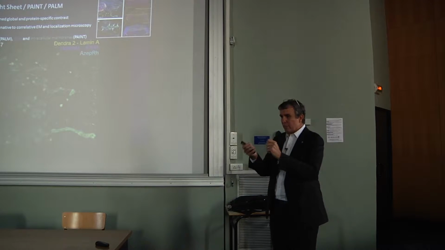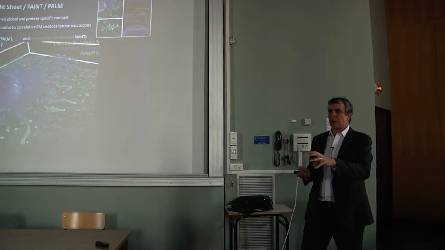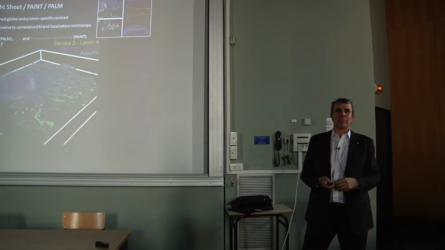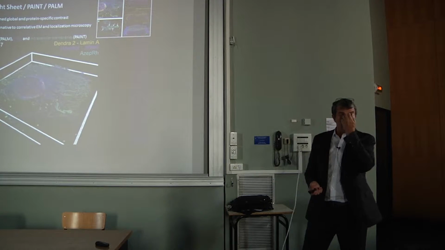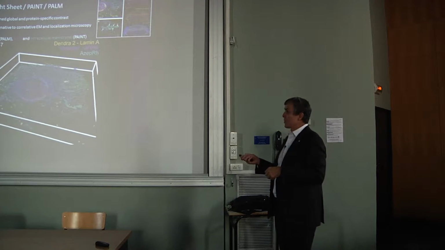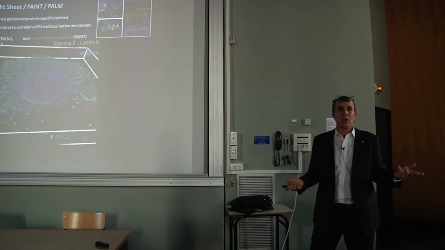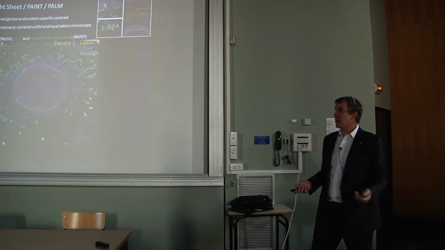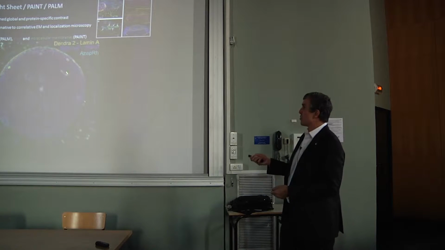So you're always trading off between the amount of EM label you can put in versus the amount of fluorescent label that you kill. And I already said you need a lot of fluorescent label for this to work well. But with the PAINT approach, we have a PAINT probe which can also stain all the membranes to give us global contrast, and we can do that in the exact same instrument in which we do the PALM.